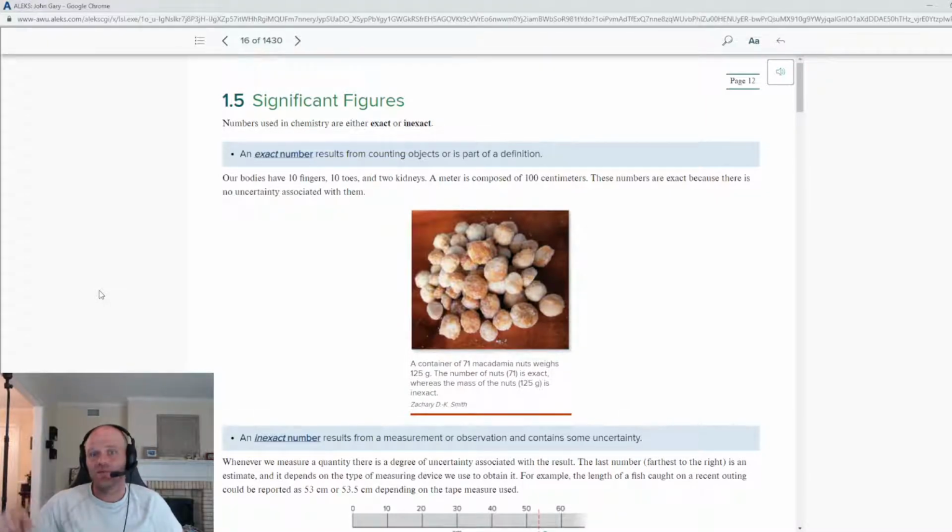A dozen equals 12. When I count by the dozen, I'm counting whole numbers. So an exact number is something that is defined, it's definite, and there can be no ambiguity or interpretation to it, right?